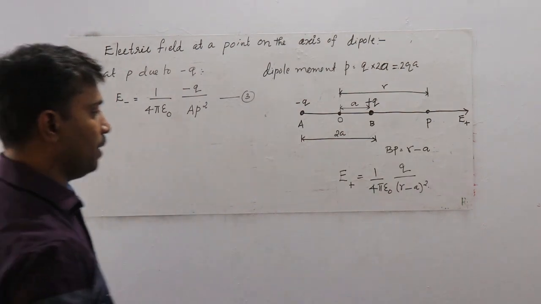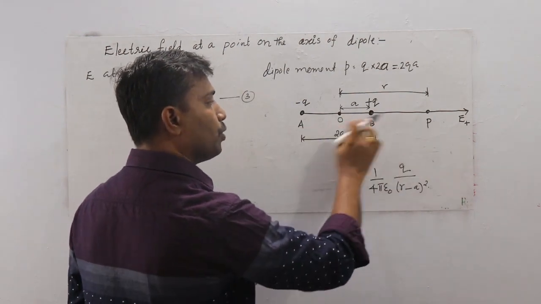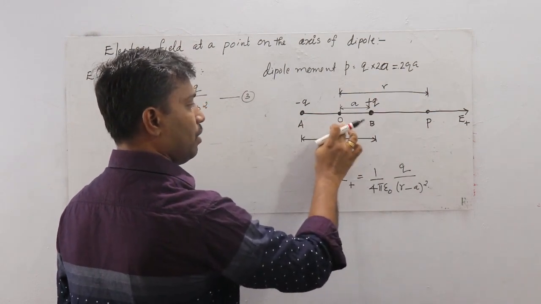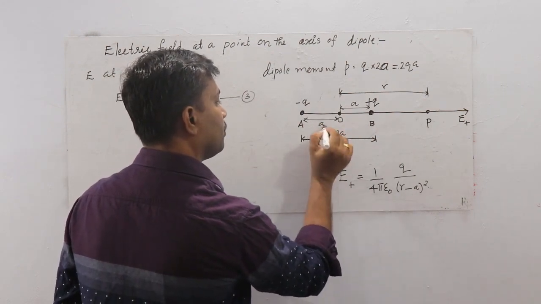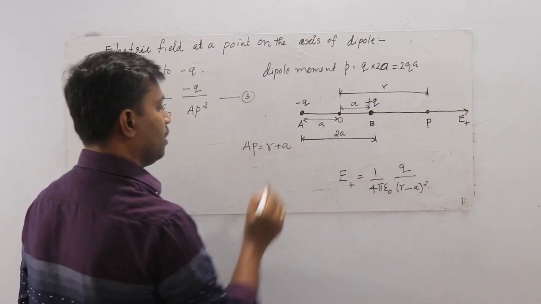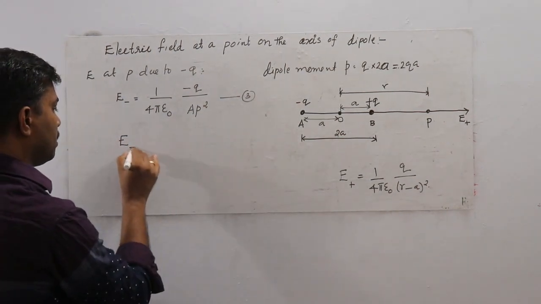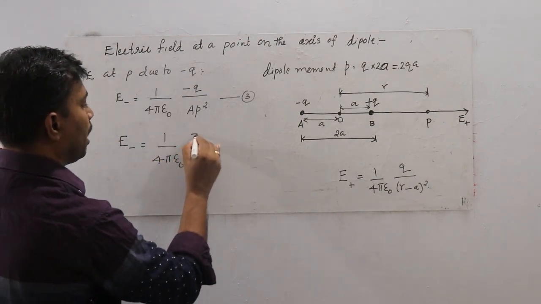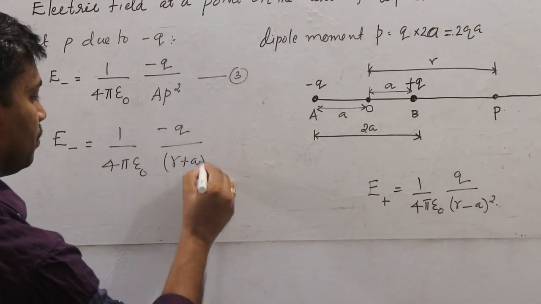So what is the value of AP? AP is the distance from A to P, but we know the distance from O to P is R and A to O is A, because O is the center of the dipole. So AP is equal to R plus A. Substituting in equation number 3, we get E minus is equal to 1 by 4 pi epsilon 0 minus Q divided by R plus A whole square.